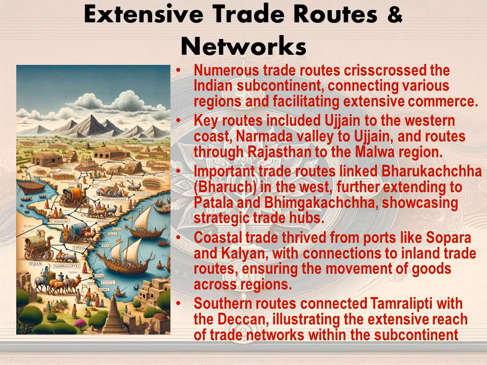Southern routes connected Tamralipti with the Deccan, illustrating the extensive reach of trade networks within the subcontinent. So, Tamralipti is in Bengal and it was connected to the Deccan part of the Indian subcontinent, and thus we understand the extensive reach of trade networks within the subcontinent.